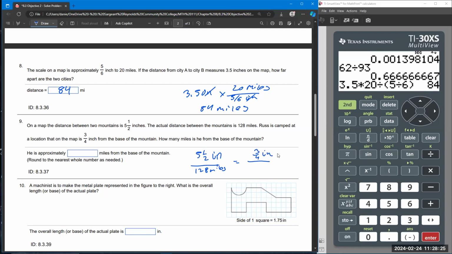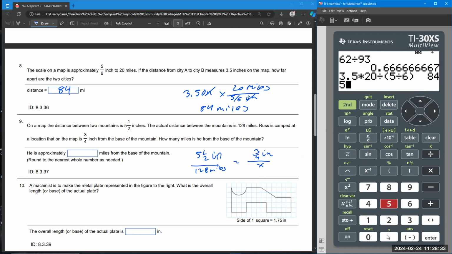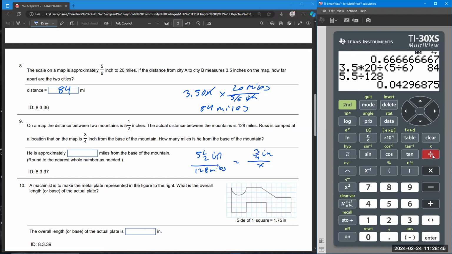How many miles from the base of the mountain is he? So let's figure out this conversion factor.